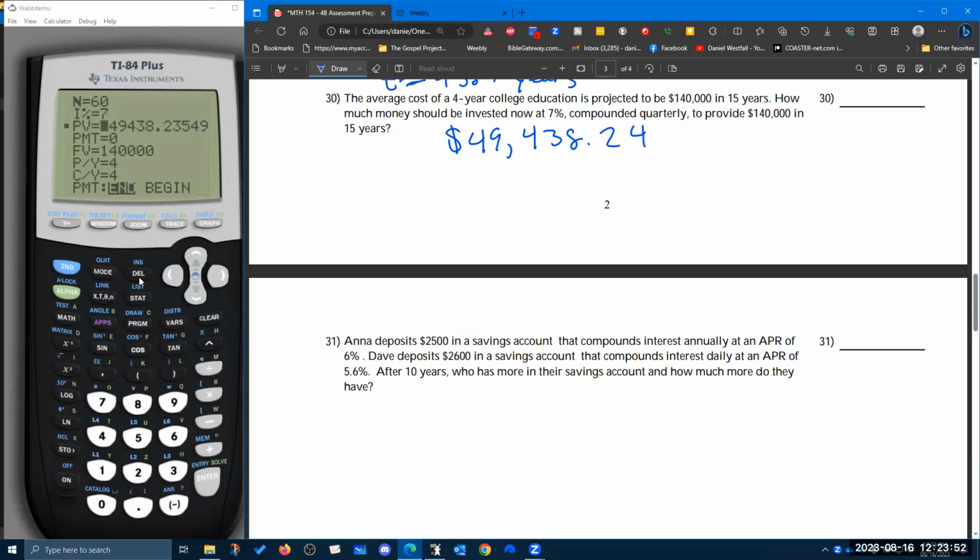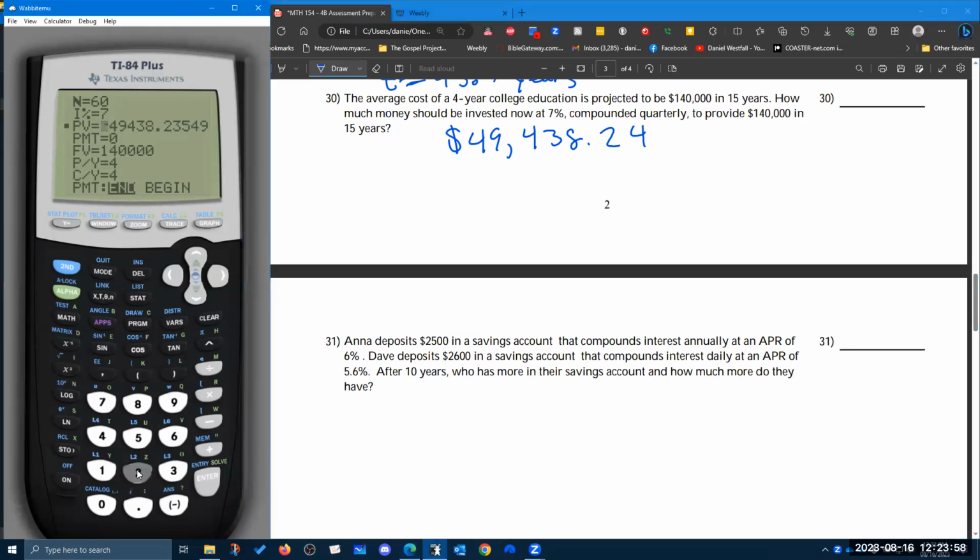One last problem here. Anna deposits $2,500 in a savings account, compounds interest annually, APR of 6%. Let's figure out how much they make after 10 years.